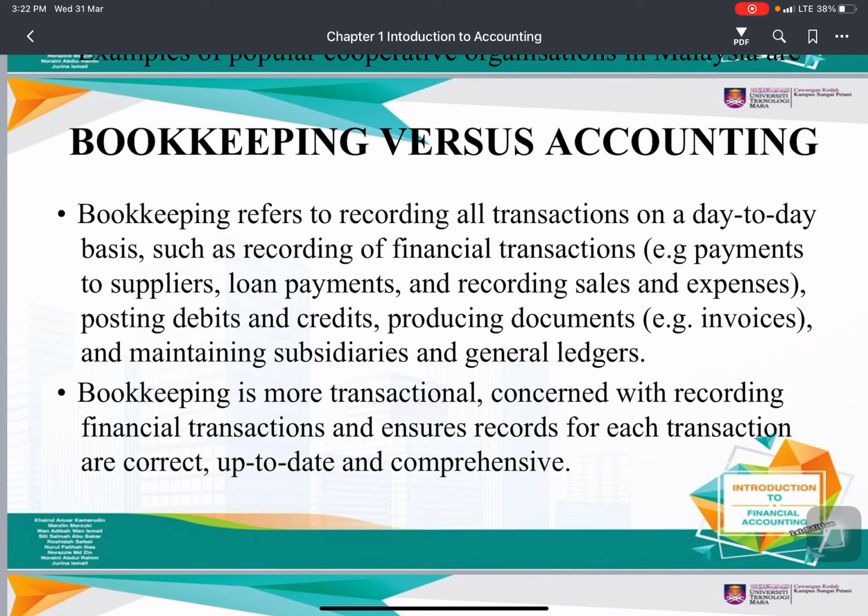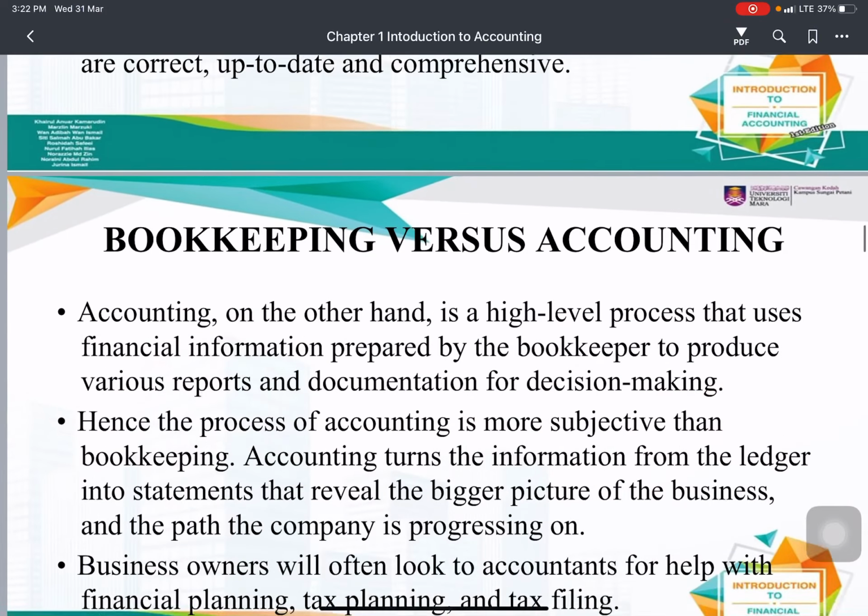So bookkeeping is more transactional. It involves recording financial transactions and ensures the records for each transaction are correct, up to date and comprehensive, to make sure that all the recording is accurate.